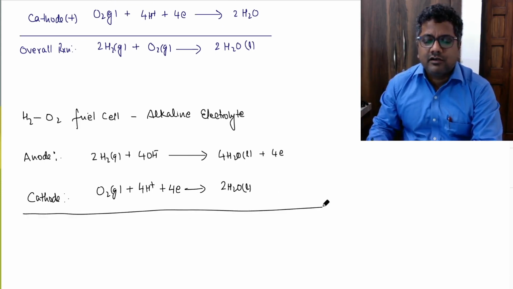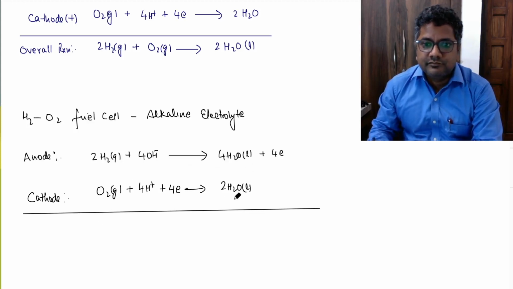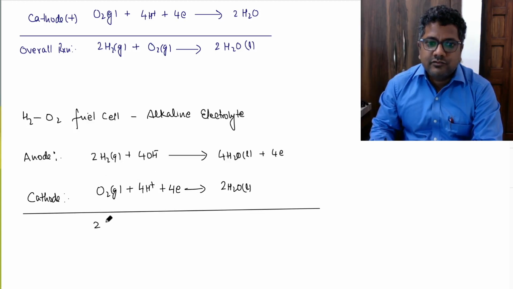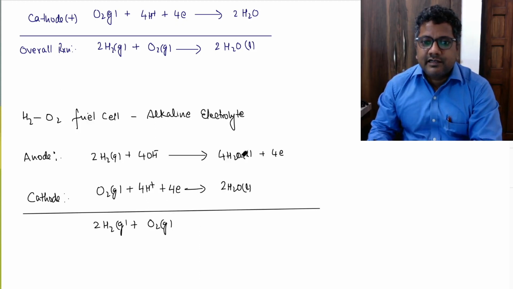So the overall reaction is 2H2 gas plus O2 gas, and 4H2O on the left-hand side and 6H2O on the right, so 4H2O will cancel and 2H2O is left.